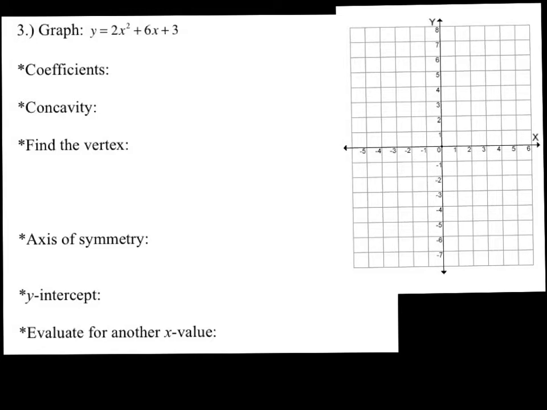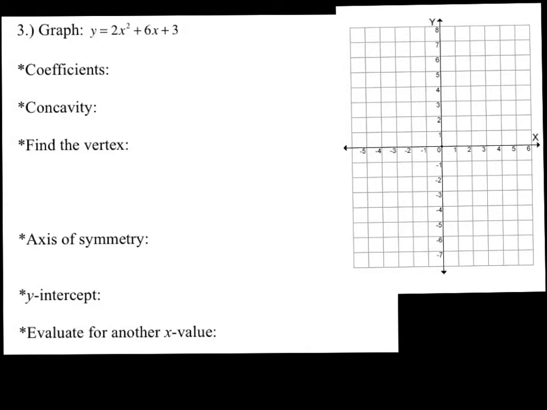So if we're looking at this, 2x squared plus 6x plus 3, it's in standard form, ax squared plus bx plus c. It's not in standard form, guys, if it goes from x to x squared. The highest degree, that exponent of 2 has to be before the x value, which has an exponent of 1.